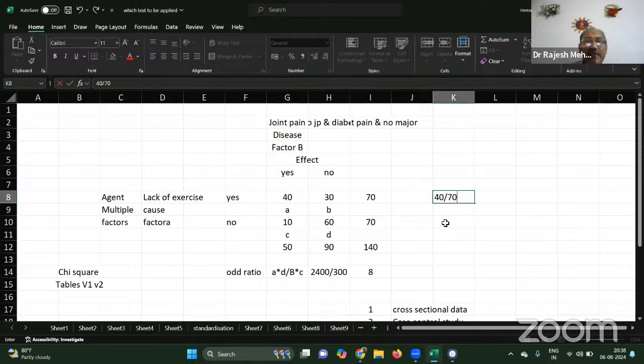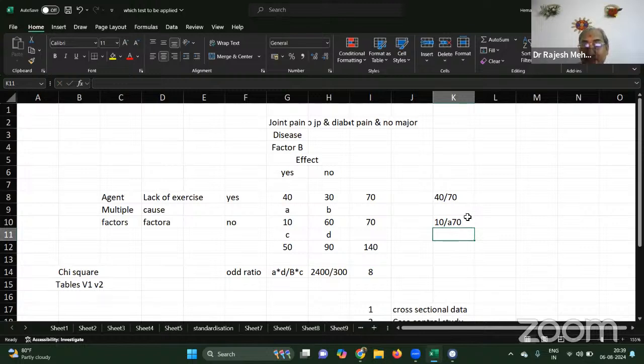And what is the risk in the other group? Exercise, 10 out of 70.